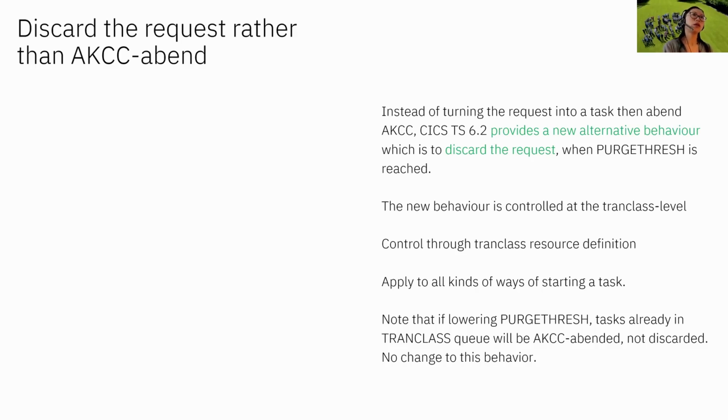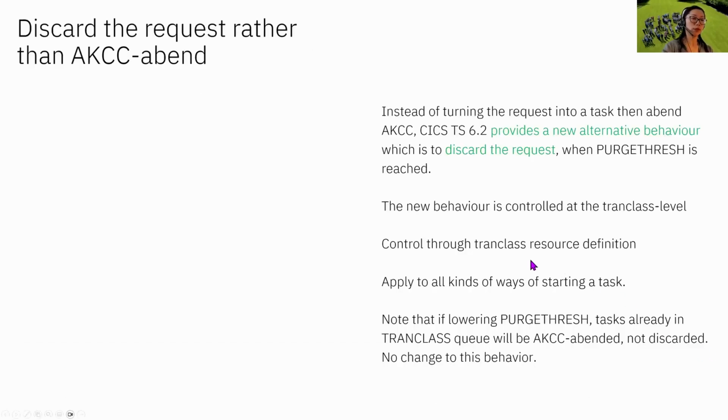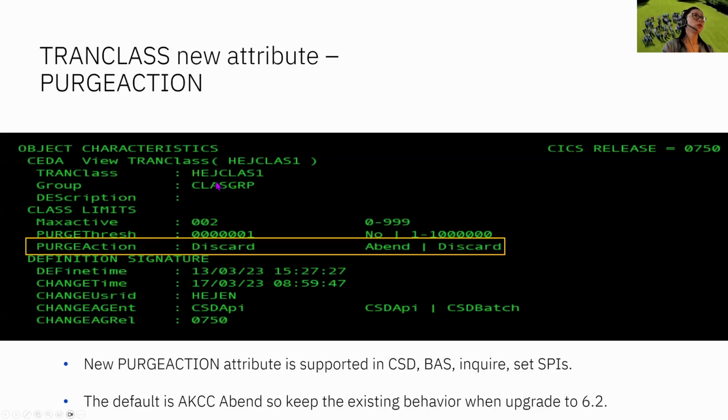So in CICS TS 6.2, we provide an alternative behavior, which you can configure to discard the request. This behavior is controlled at the tran class level and applied to all ways of starting a task. The behavior is controlled through a new attribute called purge action, which is showing on the screen here.